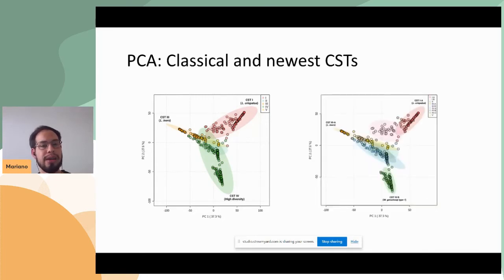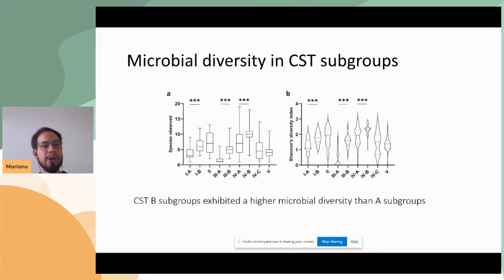When we look at the classifications that we found, you can see that these communities had specific subgroups in the PCA, and therefore were indeed distinct communities. We also looked at the number of species and Shannon's diversity in these CSTs, and we found that in the B subgroups of CSTs 1, 3, and 4, there was a higher number of species than in the A subgroups.